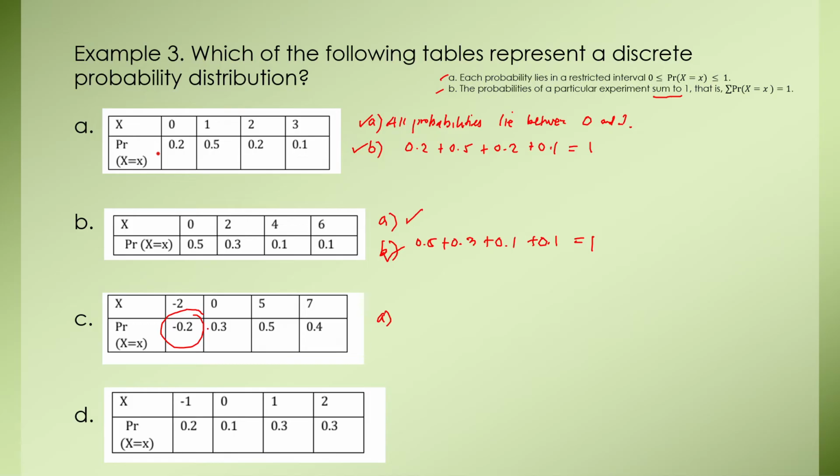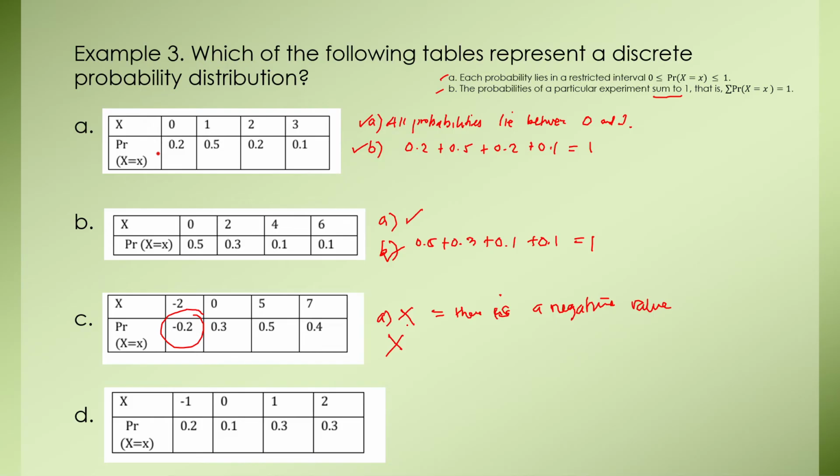So therefore, this will not represent a discrete probability distribution. Why? Because there is a negative value of the probability. So this is x. Even though it sums up to 1, the first condition is not met here.